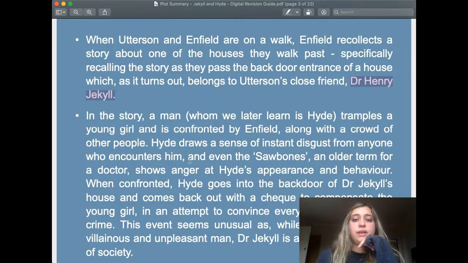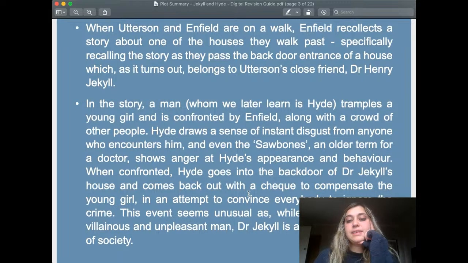We also hear about a mysterious but quite villainous man who tramples over a young girl, a story that Enfield tells about the door that is the back of Jekyll's house. Later on, we learn that this is Hyde. This is quite a classic technique that writers use to drum up mystery and suspense.